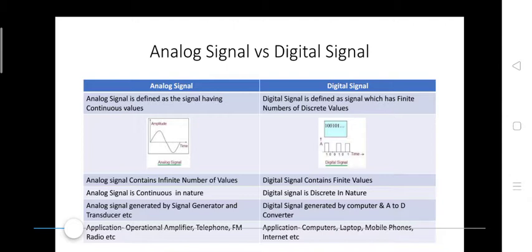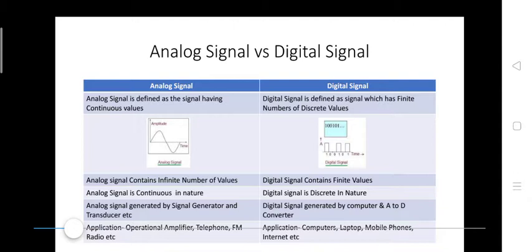If you observe analog signal waveform, you find that amplitude is on x-axis and time is on y-axis. Or we can say that analog signal is a function of amplitude versus time. If you observe digital signal, you find that it has only two values, 1 and 0, where 1 indicates high signal, 0 indicates low signal.